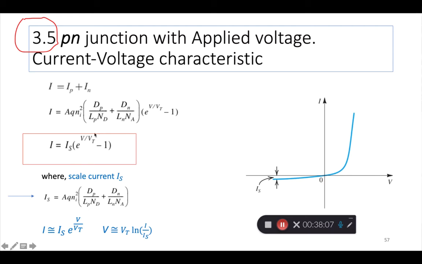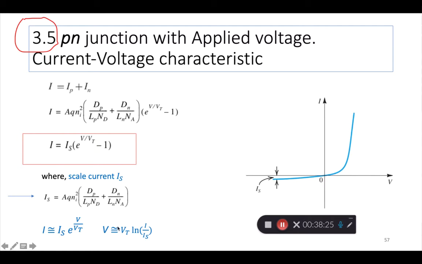And what is IS? IS is all this complicated stuff. It depends on the area and so many other things, the length and the D's, conductivity, right?